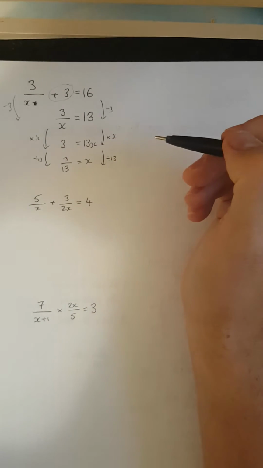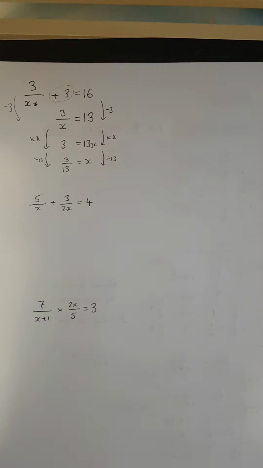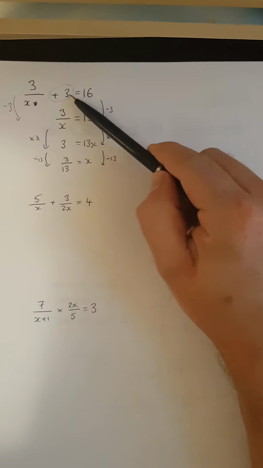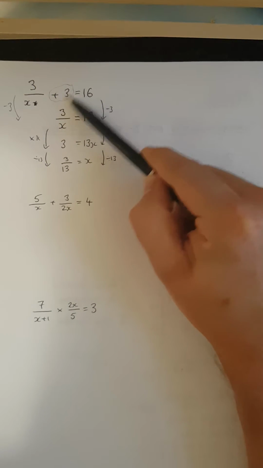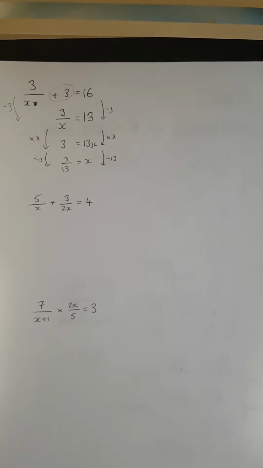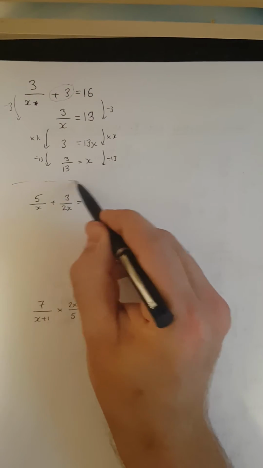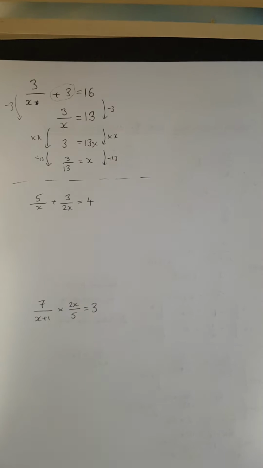Which would sound horrible, but I leave everything as a fraction. So the key point here was this plus 3 on the end. It's not part of the division. It's a lone term like that, so I can take that 3 off straight away and make things a lot easier.